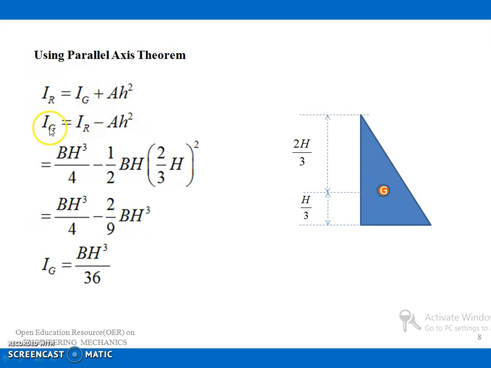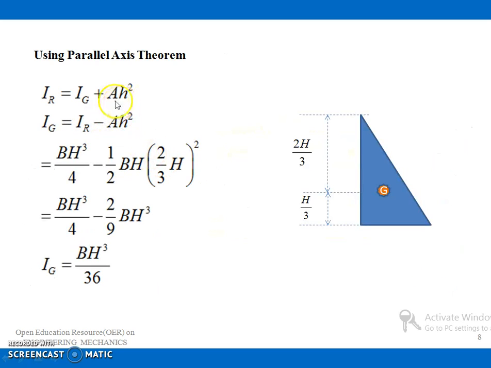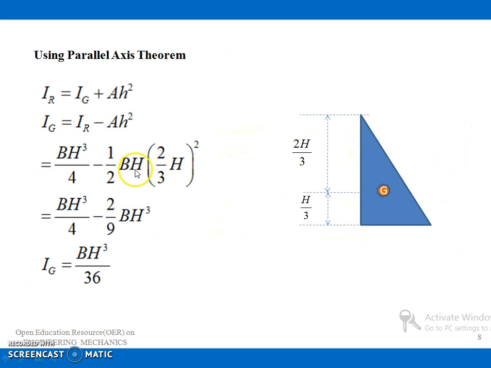That is, Ig can be written as IR minus Ah square. IR we have already found out, that is BH cube by 4. Now what is area? Area we can find as half BH, and h means the distance between this point and this point. So what is h? h is equal to 2H by 3.